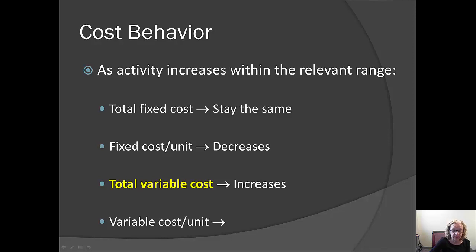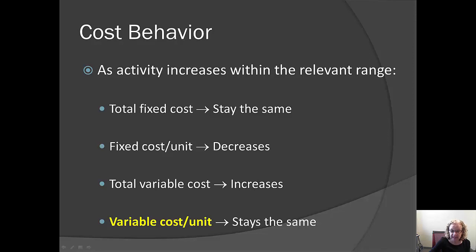The reason for that is that the variable cost per unit is expected to stay the same within the relevant range. And we remember that that may not be true at very low levels of activity or very high levels of activity, but it's probably true within our likely range of activities.